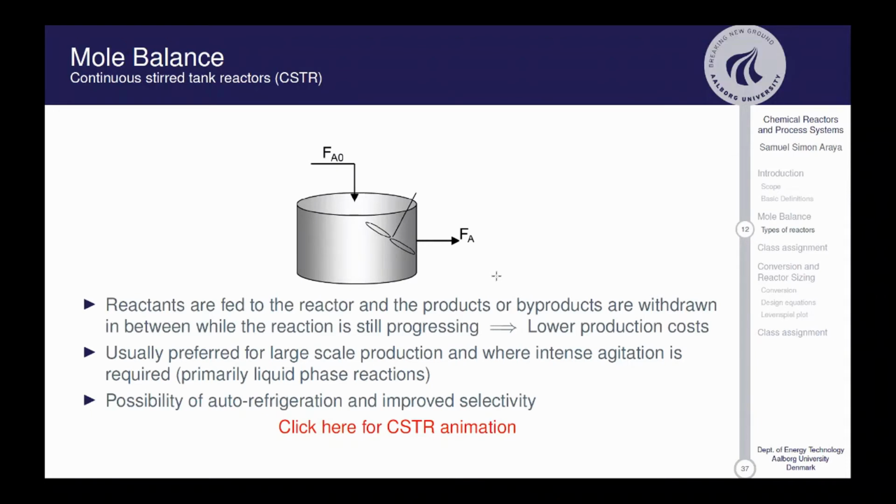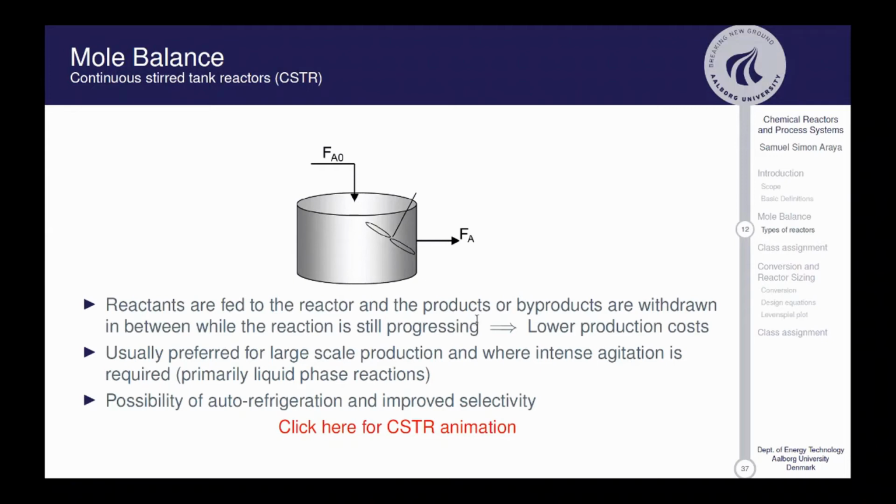They're continuously stirred, and that's what helps us to assume that it is also perfectly mixed, just like the batch reactor. At any given time, the concentration and temperature within this reactor will be the same, but unlike the batch reactor, any given time is also all the time, because we don't have changes in time in this case.